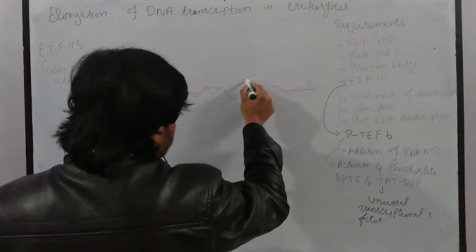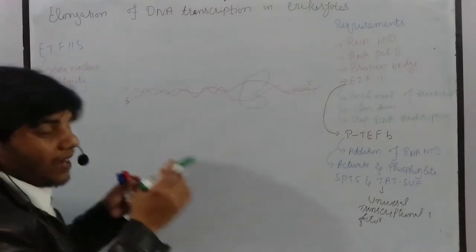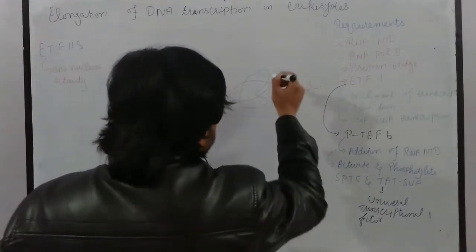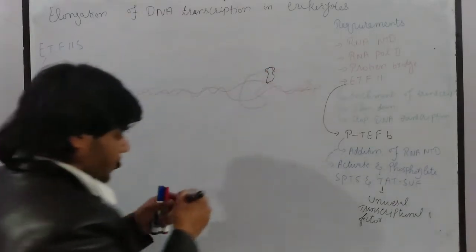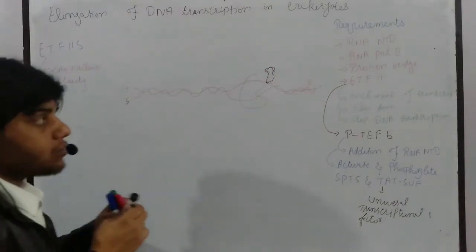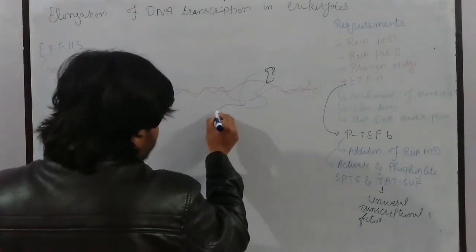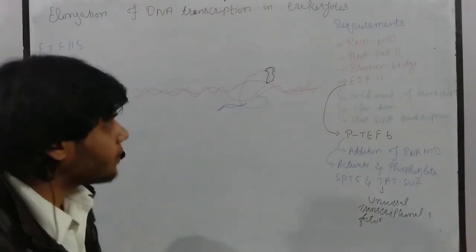So let me draw. Let's suppose this is the RNA polymerase, mainly the RNA polymerase 2 enzyme, and it also has transcription factor 2H, and it also has the C-terminal tail, as we talked about in elongation of DNA transcription.